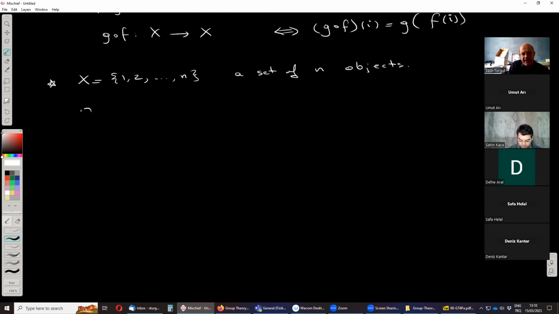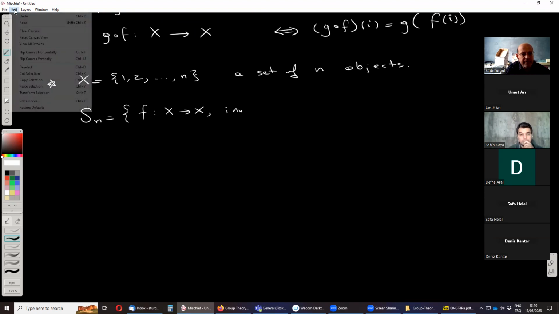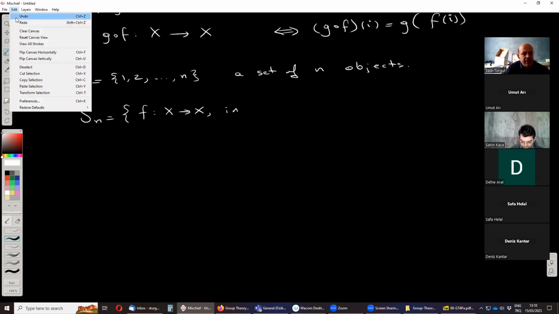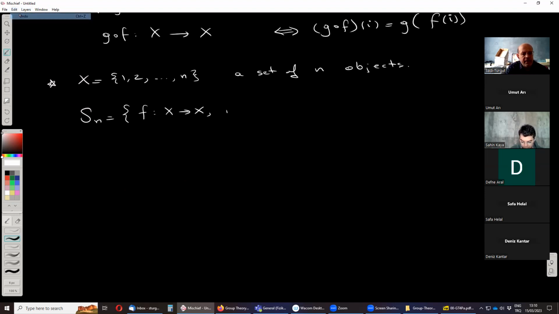In that case, Sn is basically the functions from X to X, let's say invertible functions. Sorry, I don't want to cross this. Sorry about that.